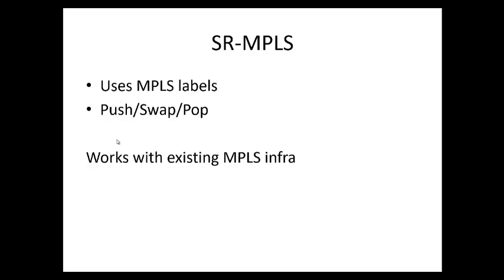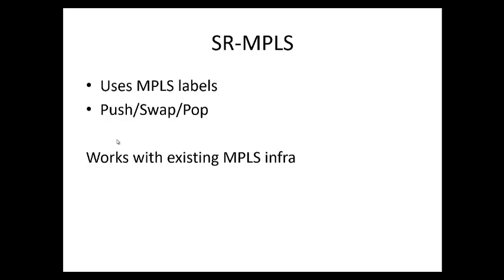For example, if the SID that I want to forward the packet to is 5005, every router knows which router is 5005. When a packet comes with 5005, it will be swapped with the same 5005.